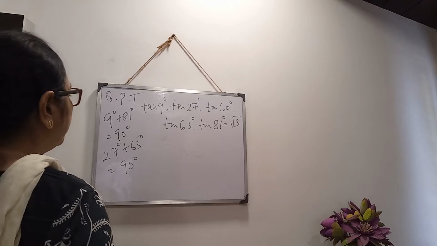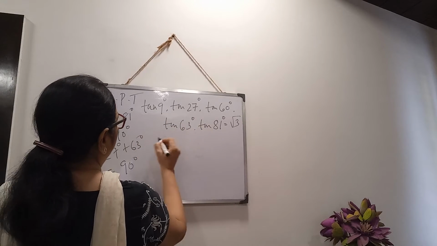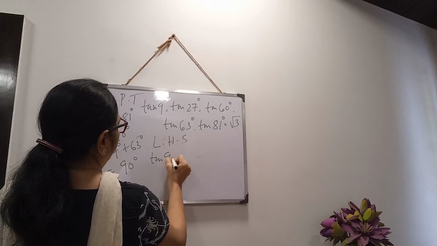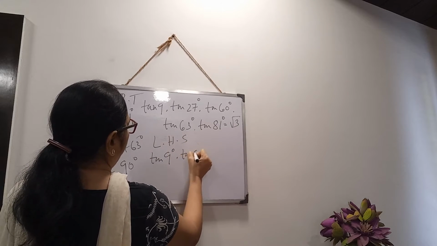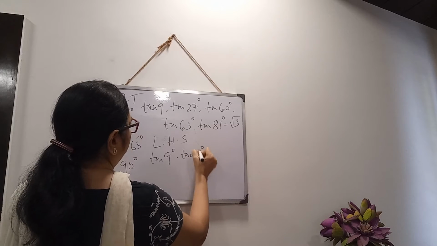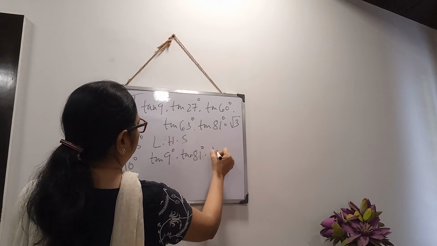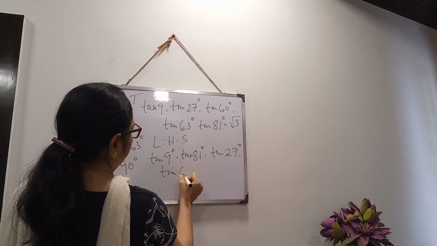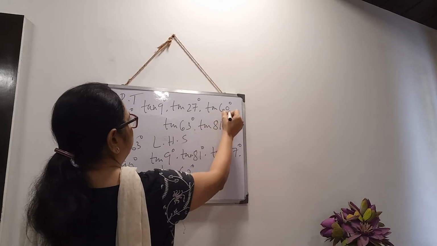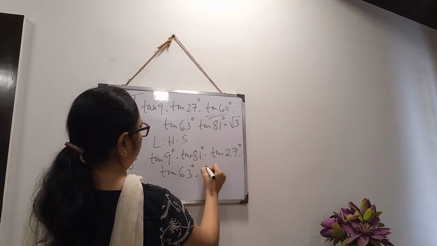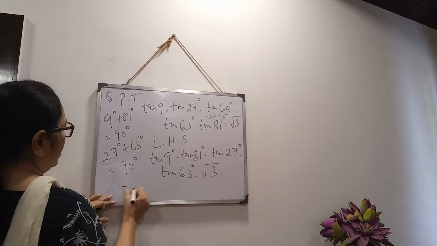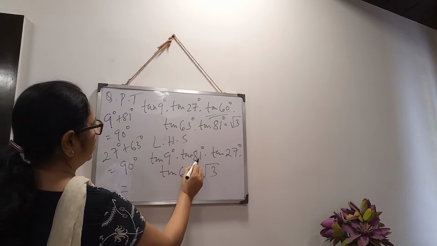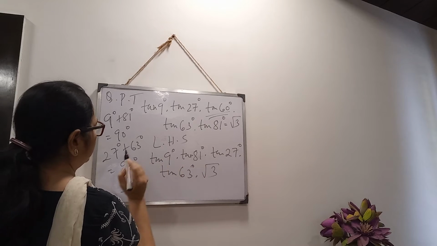Clear? So I am writing this and this together from the left hand side, starting: tan 9 degree into tan 81 degree, and the other, tan 27 degree into tan 63 degree, into tan 60 whose value you know already, so write root 3. Now here we'll convert either 9 in terms of 81 or 81 in terms of 9.